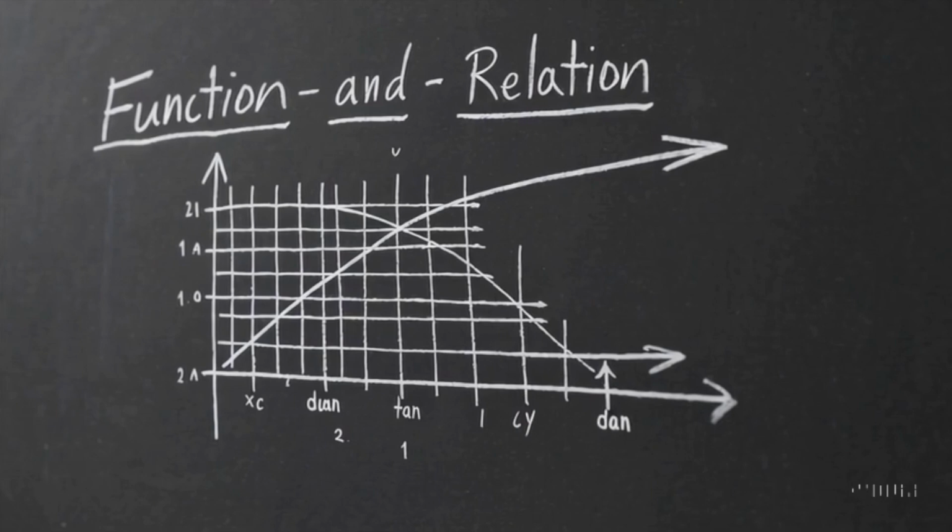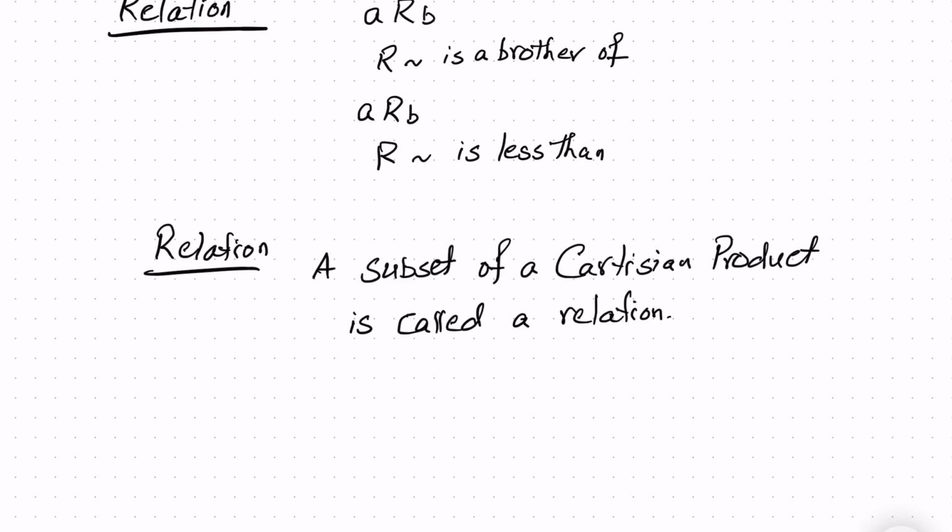What if you don't know what a Cartesian product is? Can you understand relation? So you say, what is a Cartesian product?